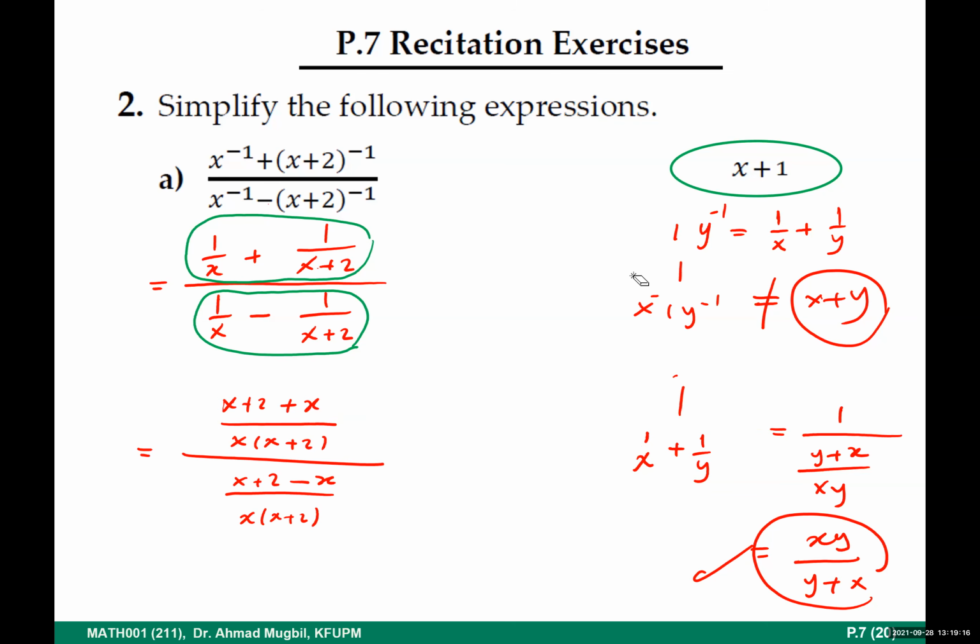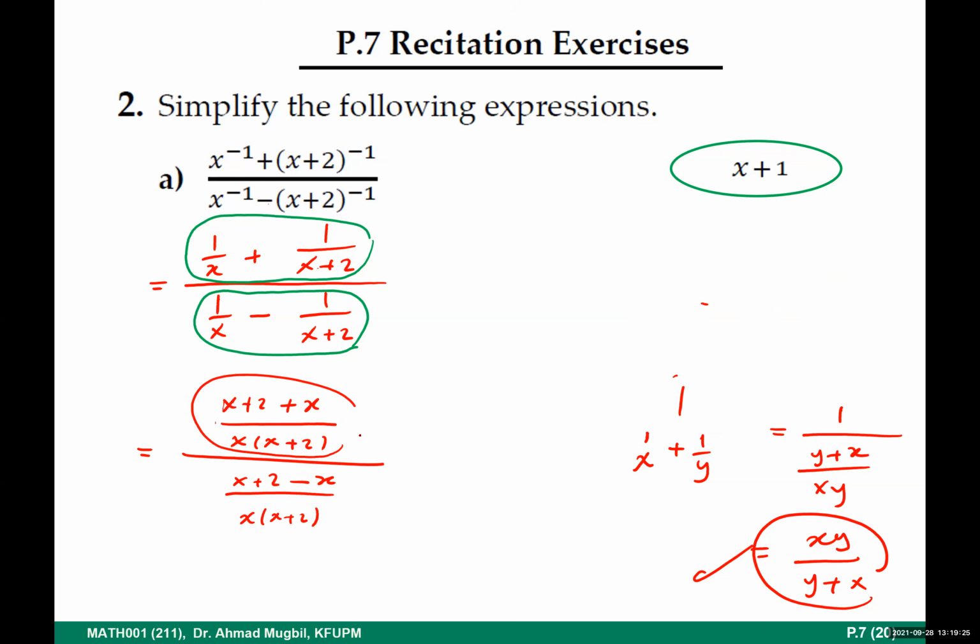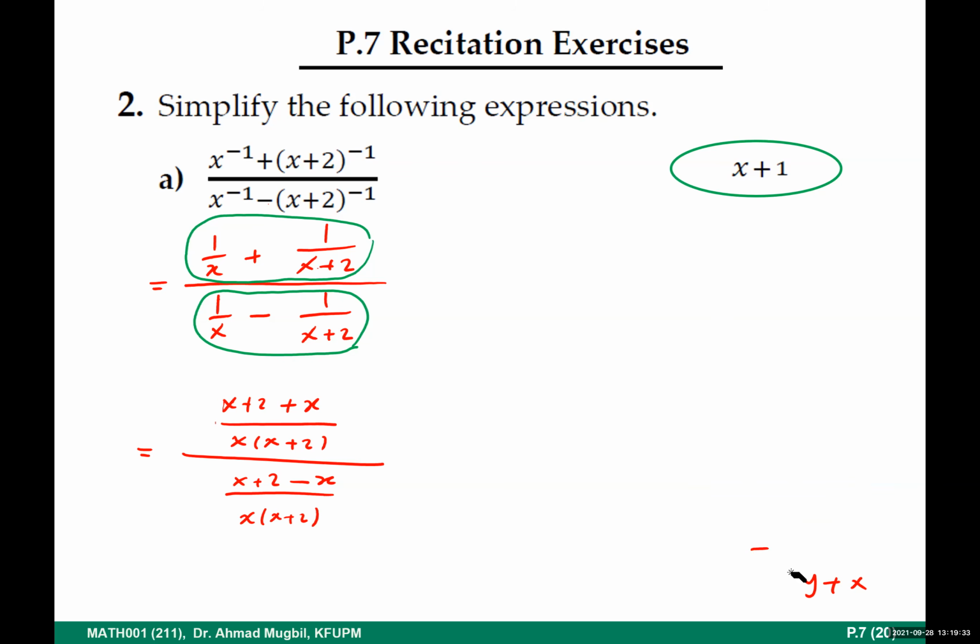Now, how to divide? It is not a compound fraction anymore. Halas, you have a single fraction over a single fraction. So how to divide a single fraction over a single fraction? We get the reciprocal: invert and multiply. So we will do it like this. You can do 2 steps in one, ya shabab.